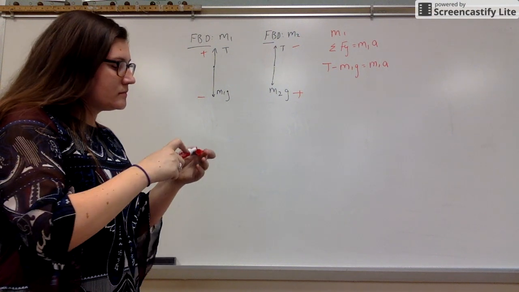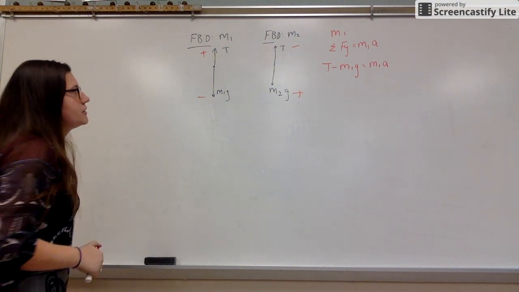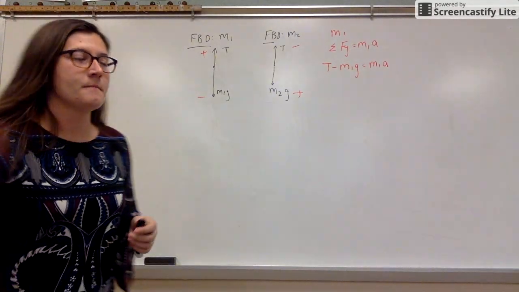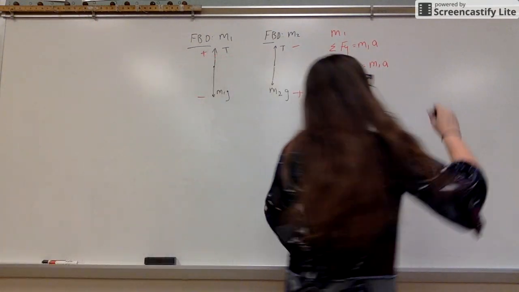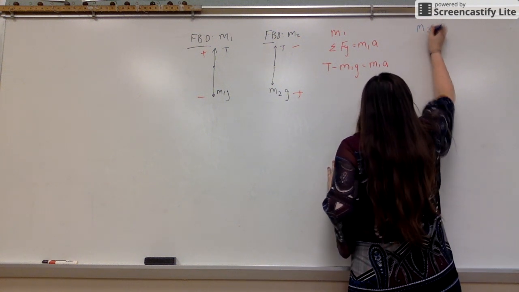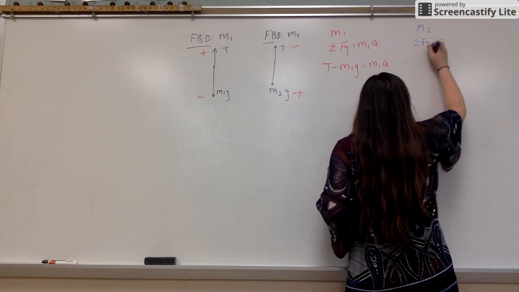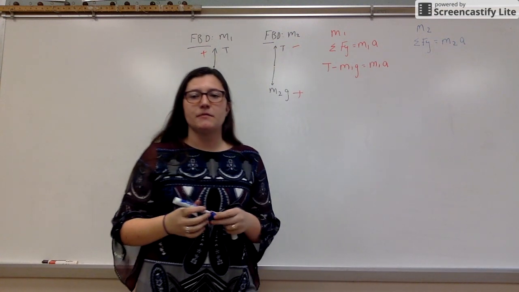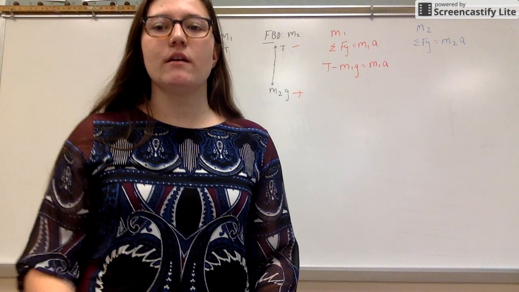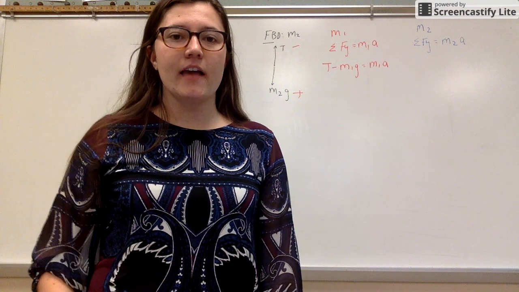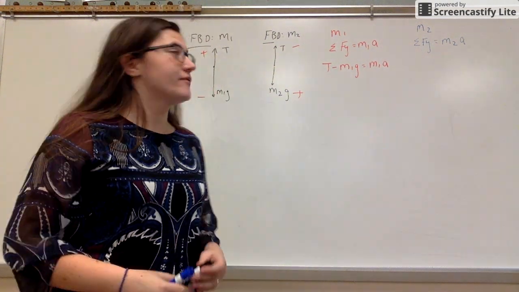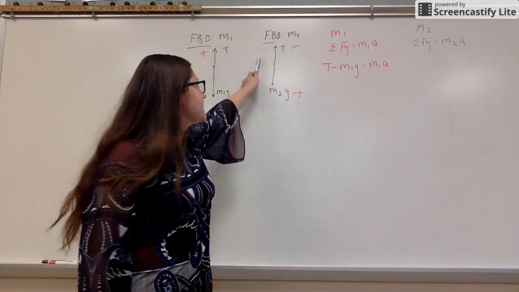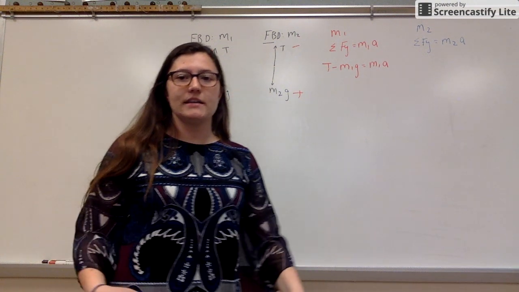Good. So what we're going to do next is look at our second object. We're going to sum the forces on M2. The sum of the forces in the y is going to equal M2 times A. In the y direction, we still have our tension and we have force of gravity, but tension is negative and gravity is positive.